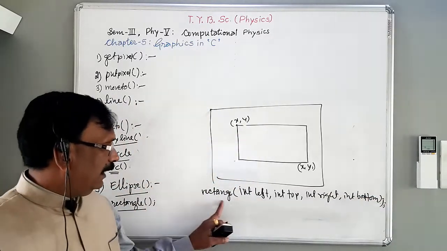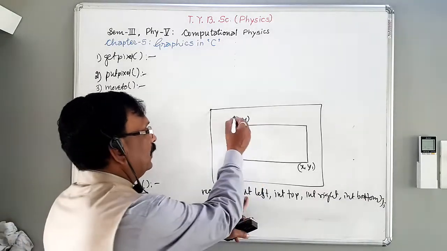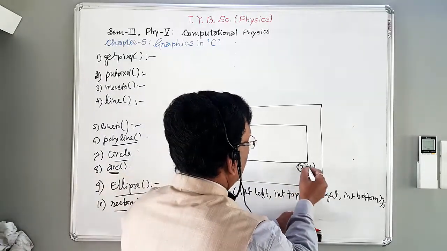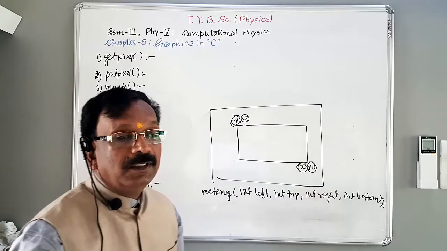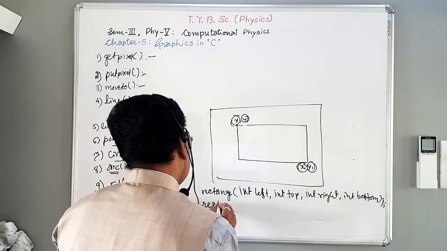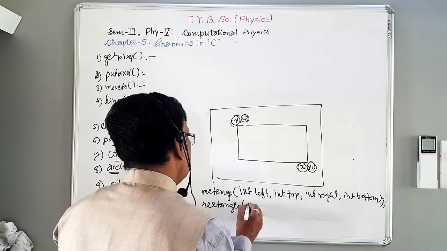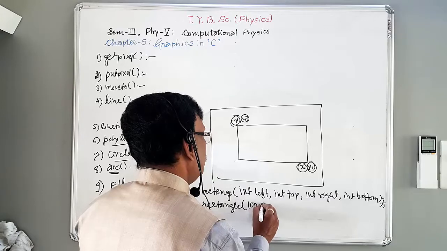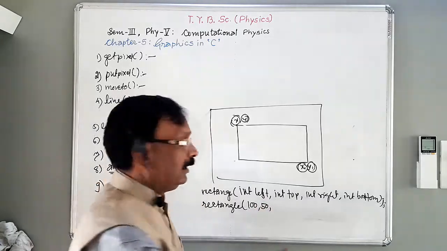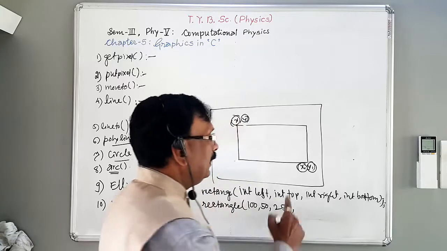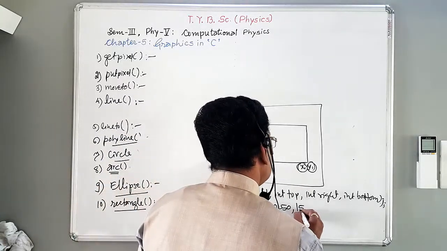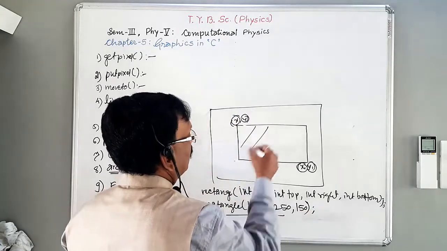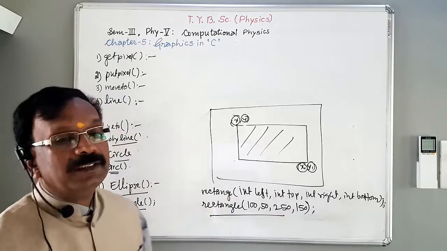In this syntax, rectangle is the keyword, integer left is this value, integer top is this value, integer right is this value, and integer bottom is this value. Suppose we give the command like this: rectangle, integer left is 100, integer top is 50, integer right is 250, and integer bottom is 150. When we use such a command, the computer will draw a rectangle on the screen.